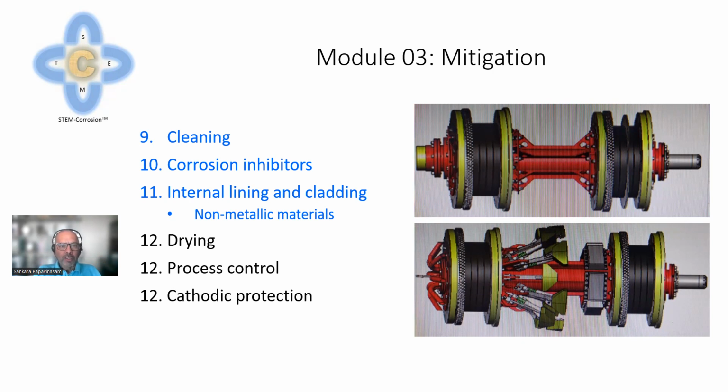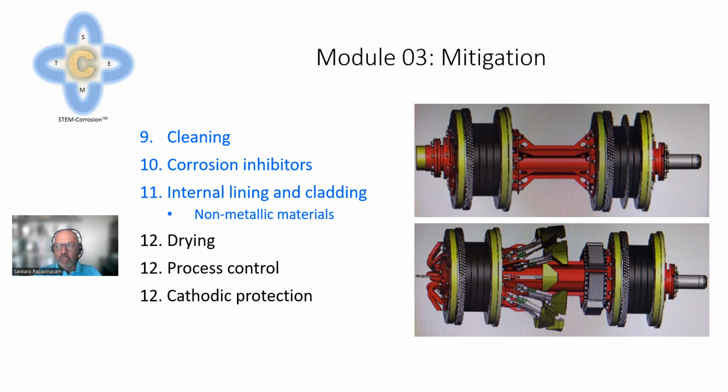Under some special cases, we might use internal liners, which are polymeric in nature, which are applied and bonded or non-bonded onto the internal surface. That will prevent the contact of environment with the steel to control internal corrosion.